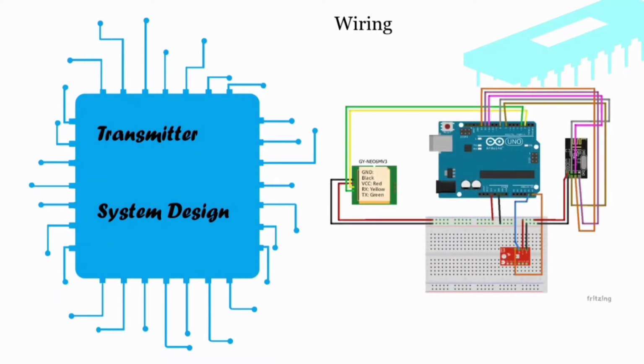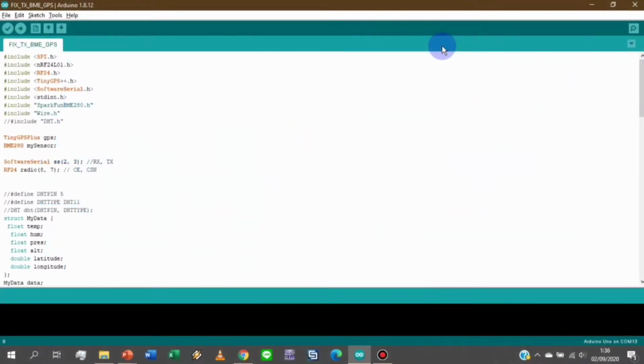This is the wiring to do the transmitter system design. Let's start the code. This is the code for designing the transmitter system. First, here, declare each component library.